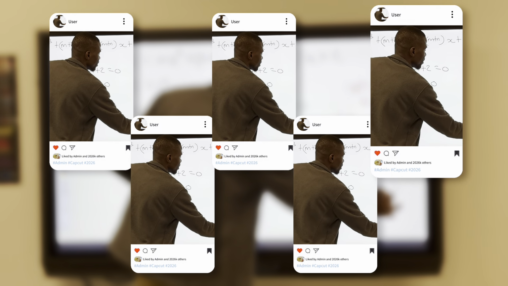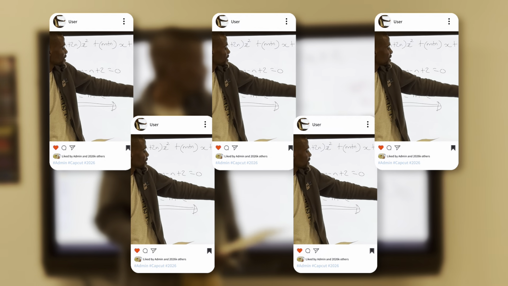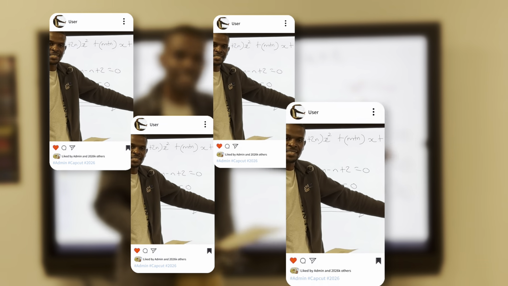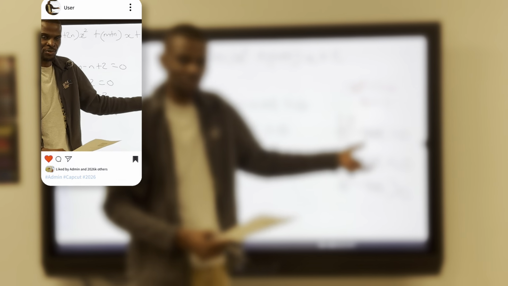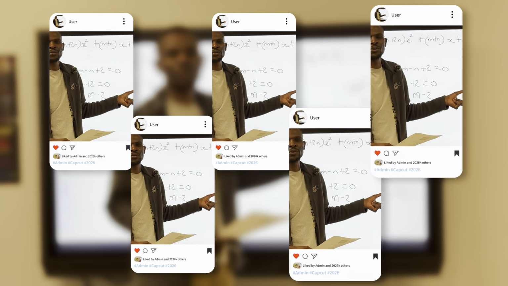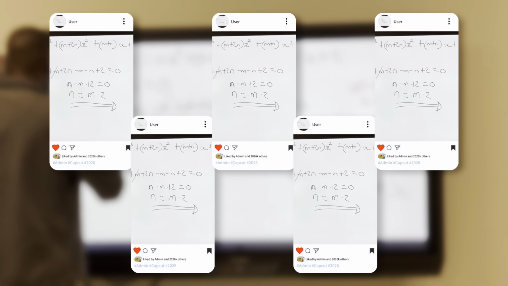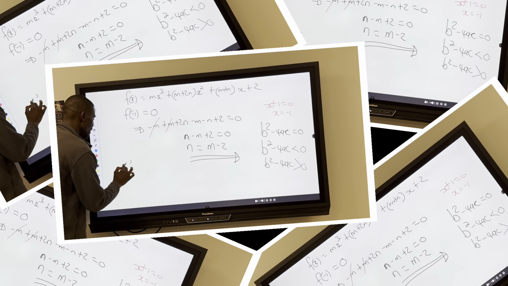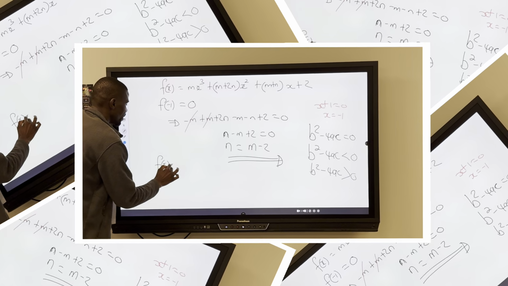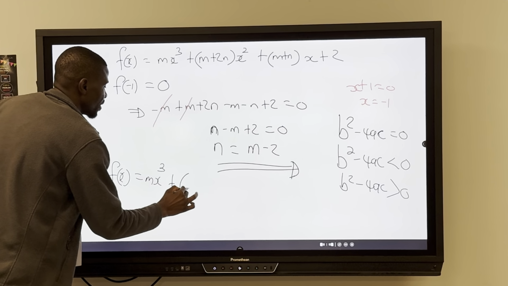So guys, to determine the nature of roots, we use discriminant b squared minus 4ac. If it's greater than 0, the equation has two distinct real roots. When it's equal to 0, the equation has one repeated root or simply two equal solutions. If it's less than 0, the equation has no real roots, or two complex conjugate roots.